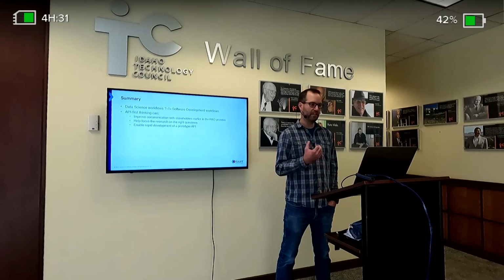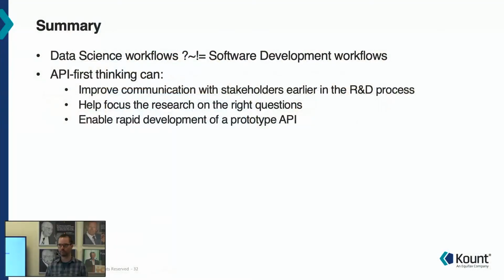So this API-first thinking that I'm pushing on, I think there's a variety of benefits. It really helps improve communication with your stakeholders much earlier in the R&D process and helps teams get aligned on what they're trying to accomplish, again creating that shared narrative about what the goals are. It helps focus the research on the right questions.